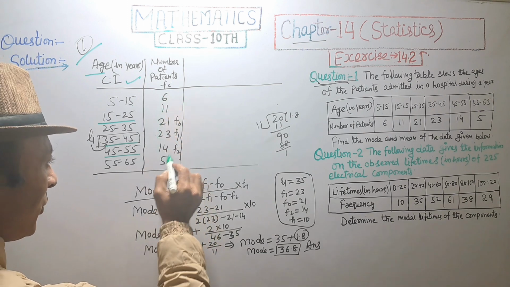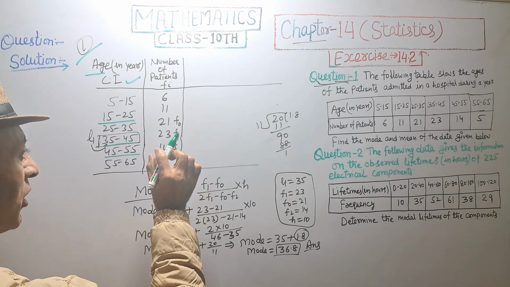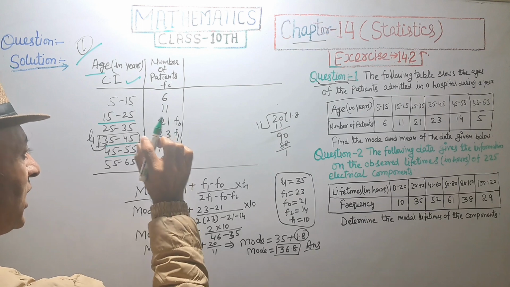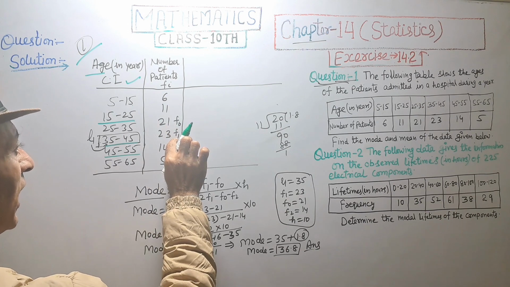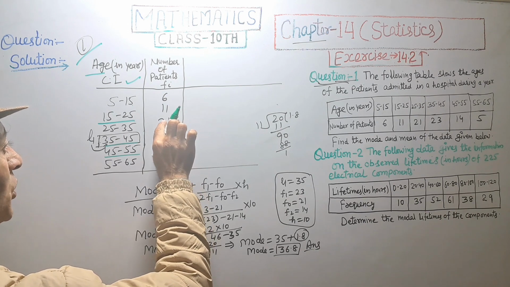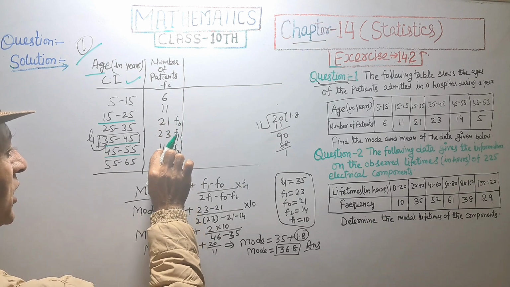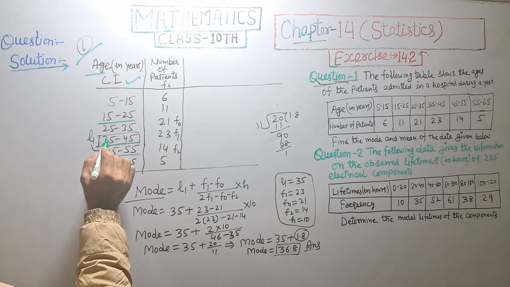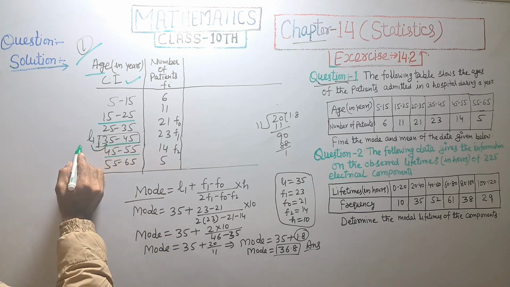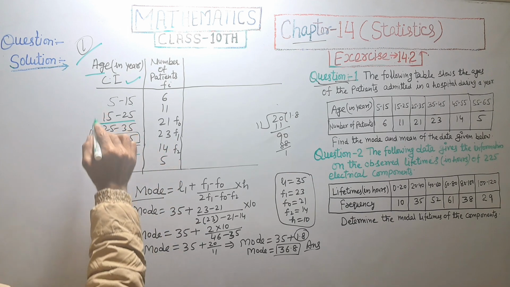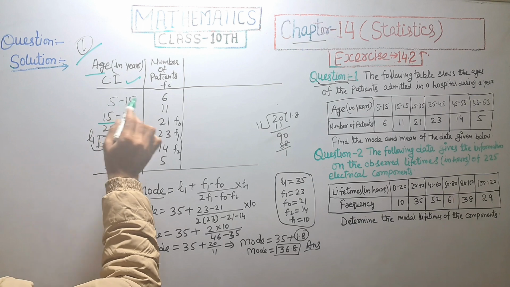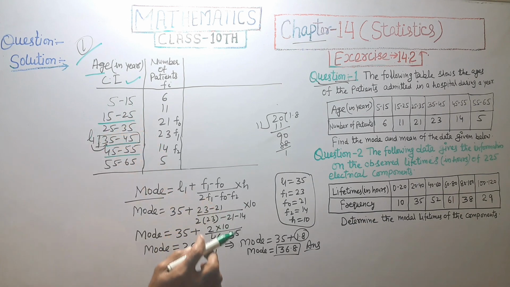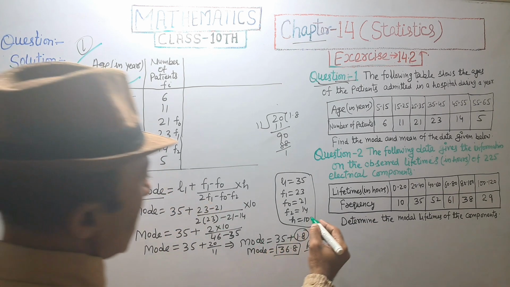In this frequency, the biggest number is F1, and F0 is 21, F2 is 14, and L1 is equal to 35. So H is equal to the common difference between the class intervals, 15 minus 5 is 10, that is H.